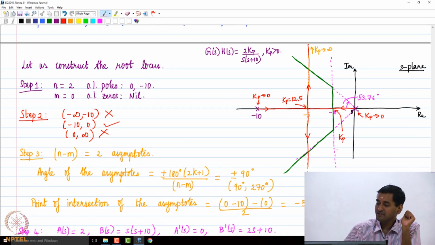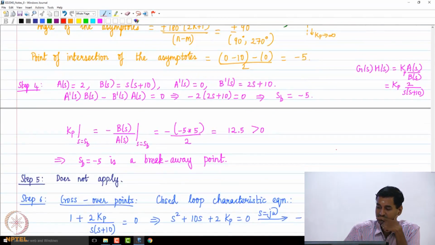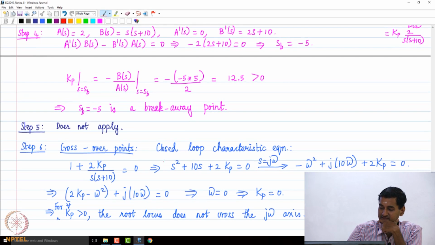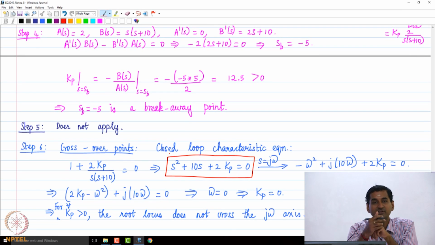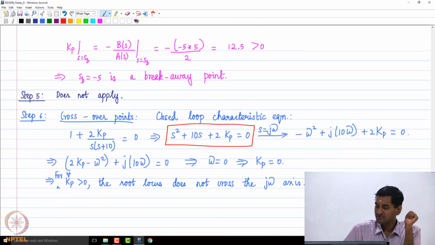What is the closed loop characteristic equation? It is this. If you substitute S equals -2 here, what do you get for Kp? Kp should be 8, right?